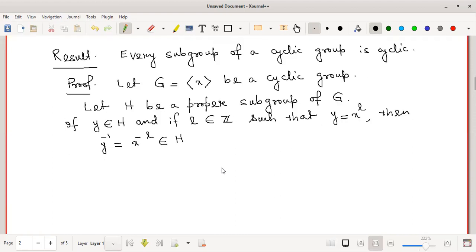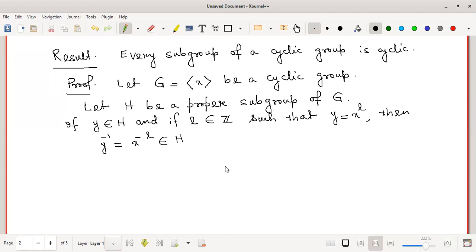So what have I achieved? I have achieved that if y is any element of H, y inverse is also an element of H. That means H must contain an element of the form x to the power L, where L is a natural number. Because if L is a negative integer, then x to the power minus L will also be there, and if L is a negative integer, minus L will be a natural number.